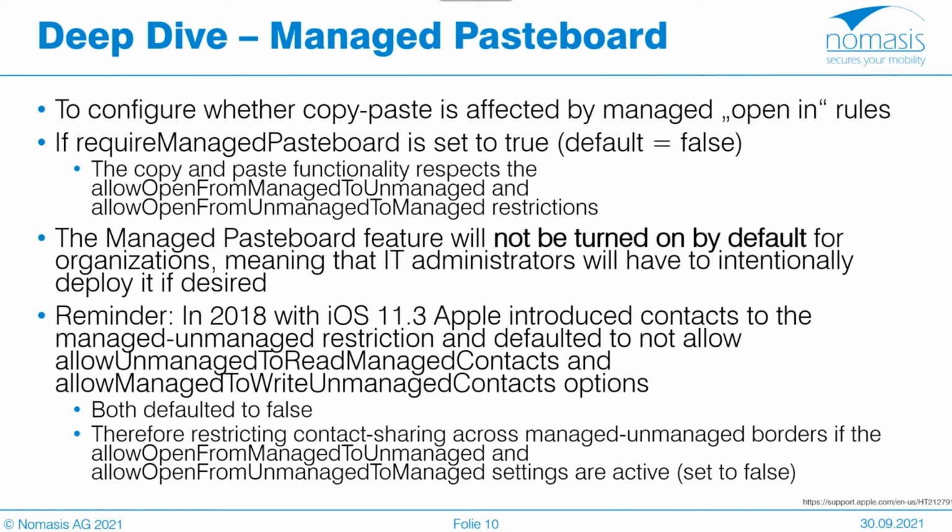And in 2018, Apple opted to default this to false. Therefore, when you didn't do anything as an MDM administrator, the corporate contacts as managed contacts couldn't be accessed anymore by private apps like WhatsApp.